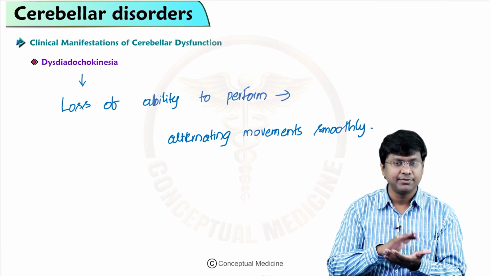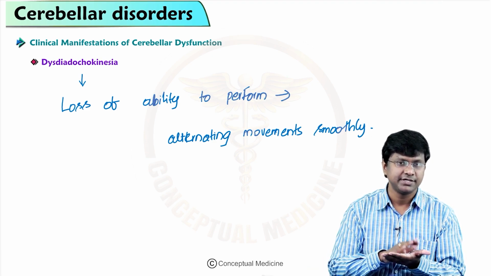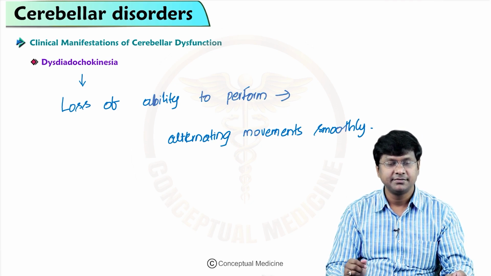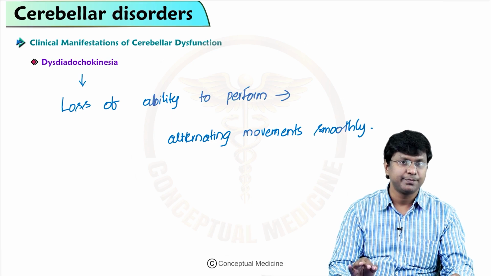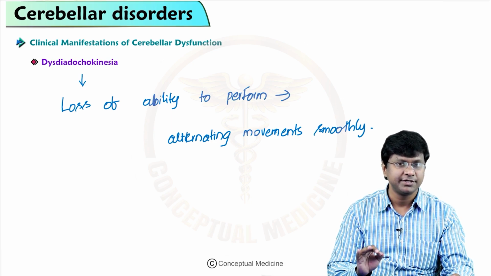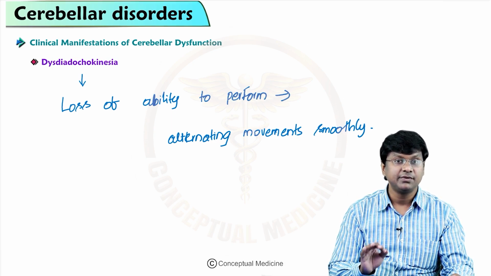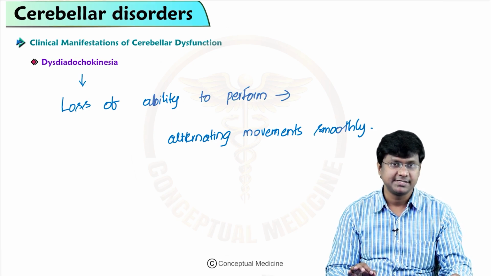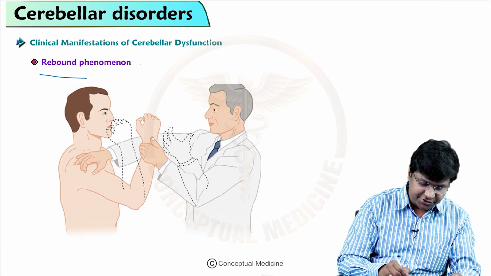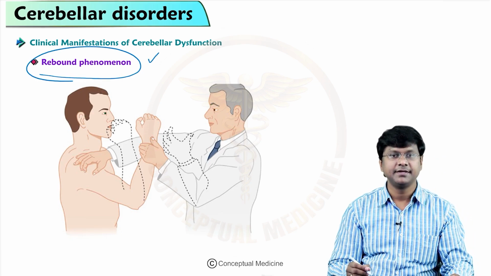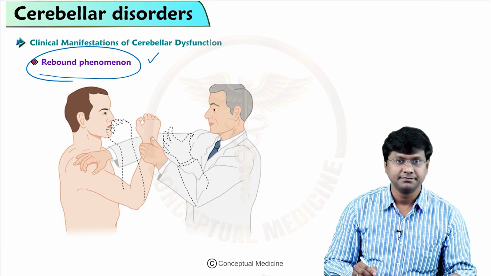If the individual is able to perform rapid supination and pronation, we term it adiadochokinesia. If the individual is unable to perform the alternating supination and pronation of the hands, we call it dysdiadochokinesia. Then another feature of cerebellar dysfunction is the rebound phenomenon.